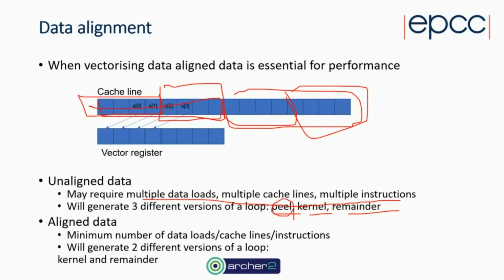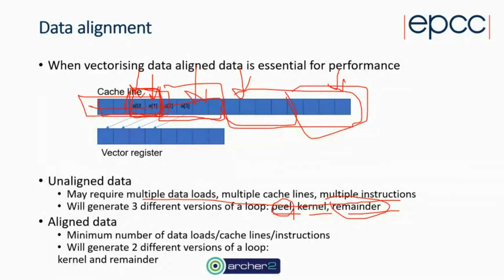But it also creates a peel loop and a remainder loop, which are serial instructions, which do the bits of the work that are not going to map into the vector registers sensibly. So it'll do this bit serially, it'll do that bit serially, and then it'll vectorize that instruction and that instruction. And then it will end up doing some serial work over here to finish off, unless our data structure exactly divides by the number of vector registers we have.